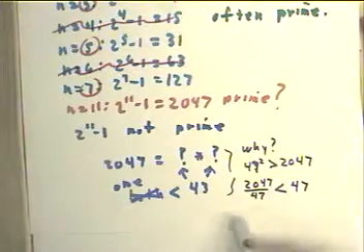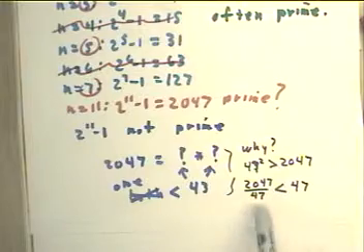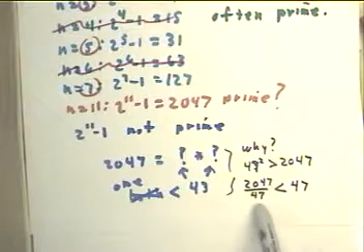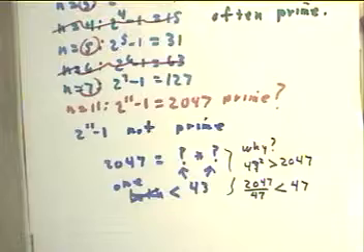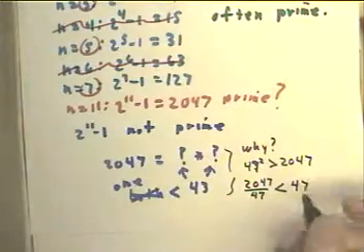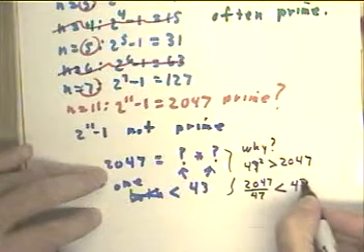Now, if you divide by a number bigger than 43, then you're either going to get something like 47 or something less than 47. If you get something less than 47, I wrote that wrong. Excuse me for botching up this argument.